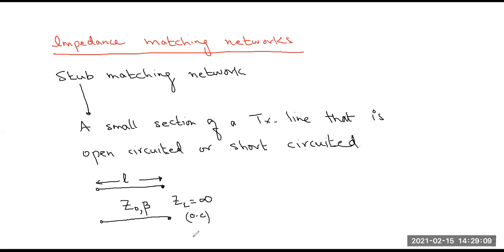From our transmission line theory, we found that if you measure the impedance between the input terminals of this open circuited line, and represent the input impedance by the notation we have been using, we have already proved that the input impedance will be equal to -j Z0 cot(beta l).